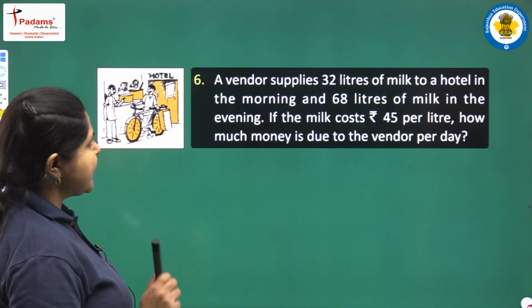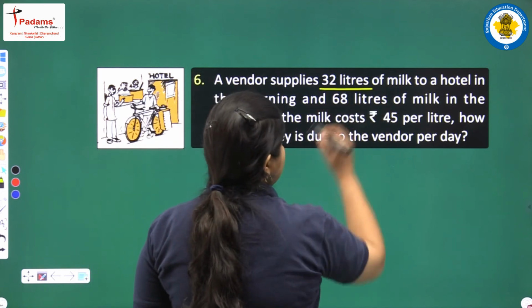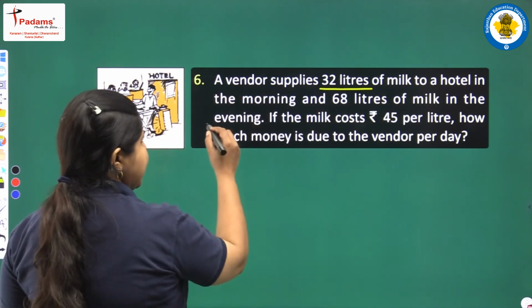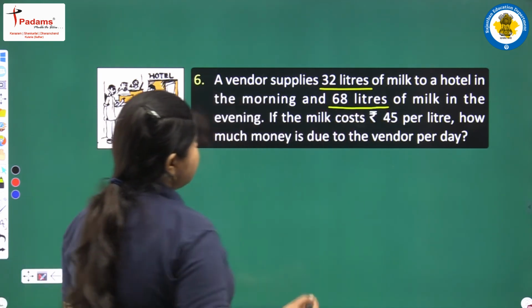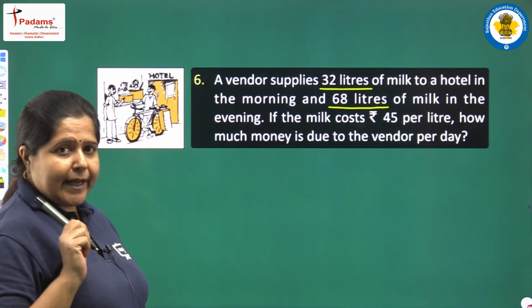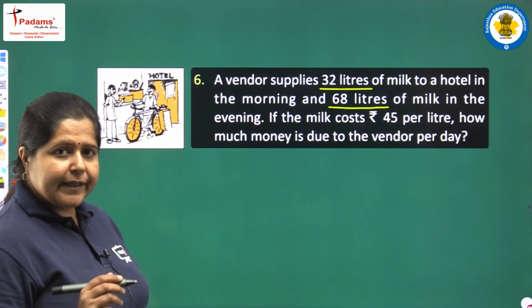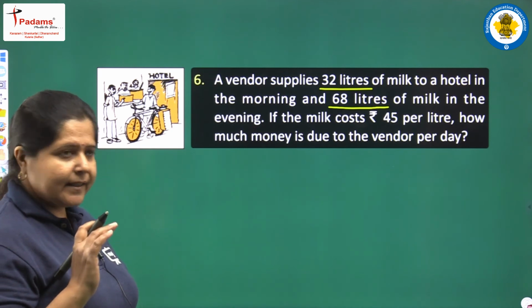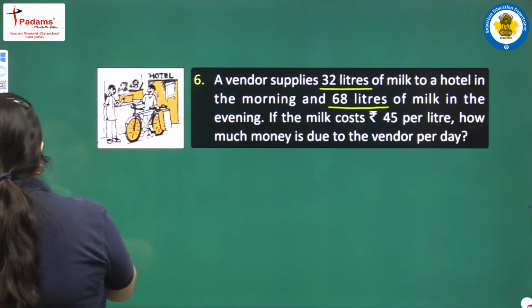A vendor supplies 32 liters of milk to a hotel in the morning and 68 liters of milk in the evening. So at both times, in the morning and in the evening, the milk is being supplied. So let us first write this information.